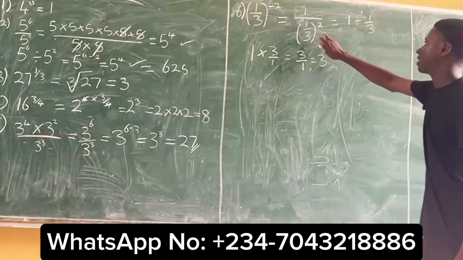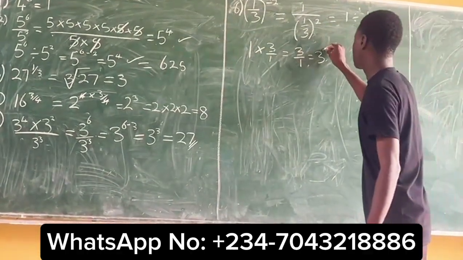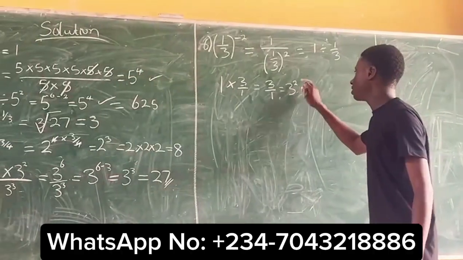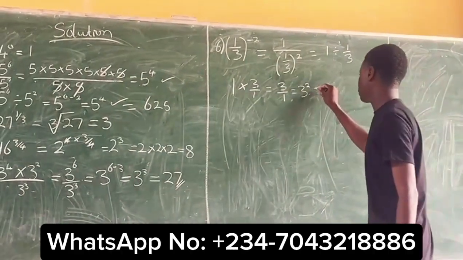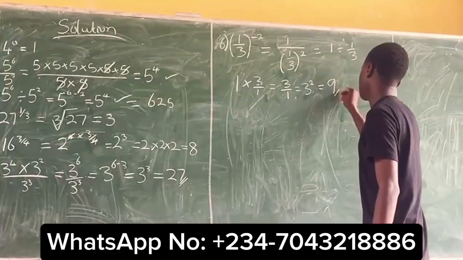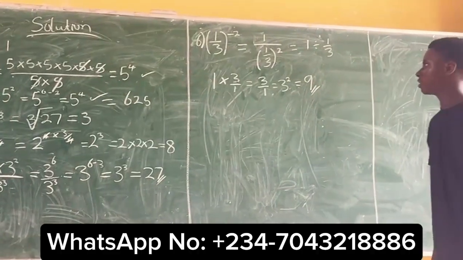Now remember, this had a square, so we have 3 to the power of 2, and 3 raised to the power of 2 equals 9. And this is the final answer.